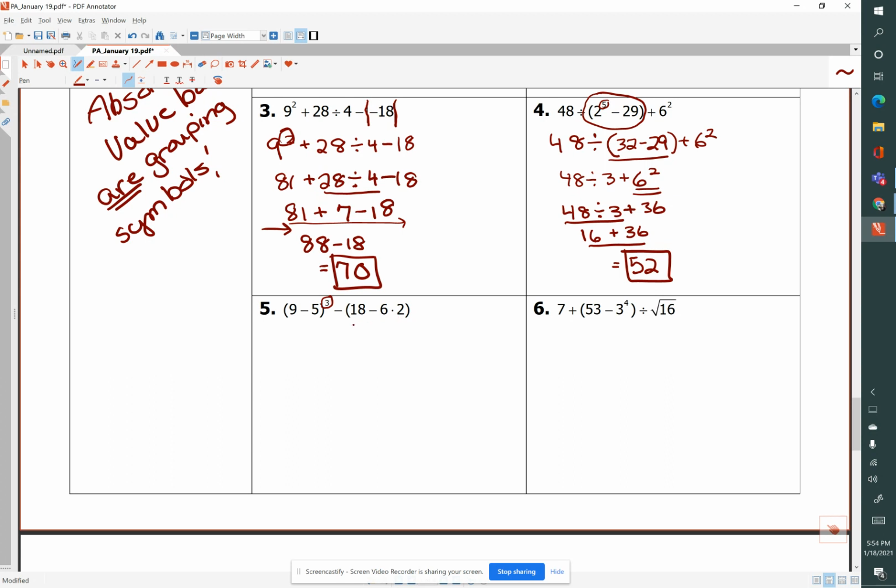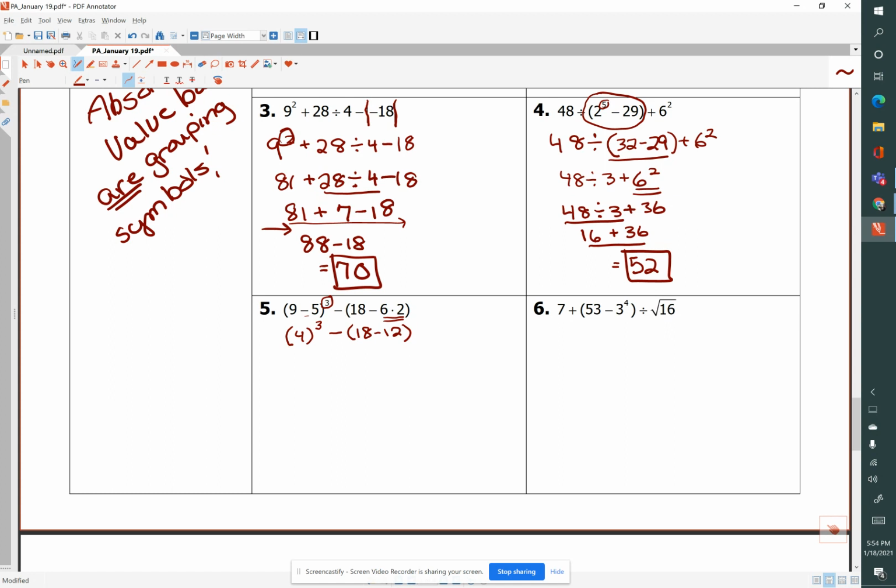The first thing I'm going to do is work within this first set of parentheses, and I've got 9 minus 5, which is 4, and that is still raised to the 3rd power, minus, now remember, multiplication and division before addition and subtraction. So 18 minus 6 is not correct. We have to multiply 6 times 2, and it's 18 minus 12 then.